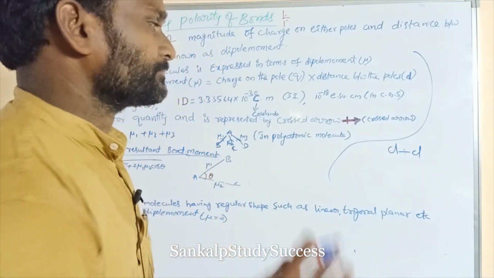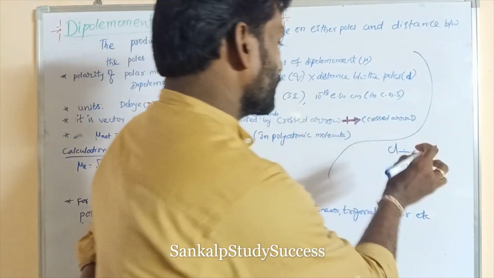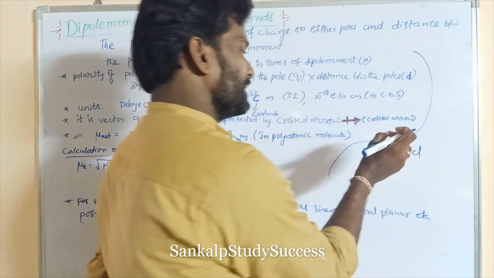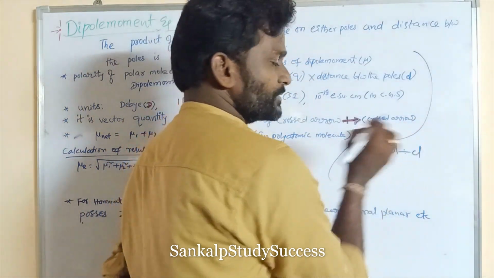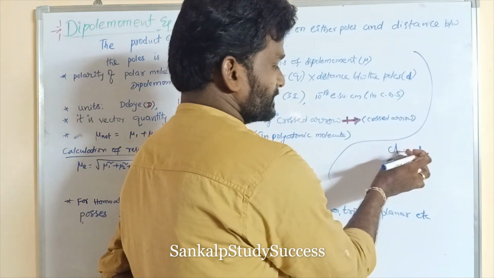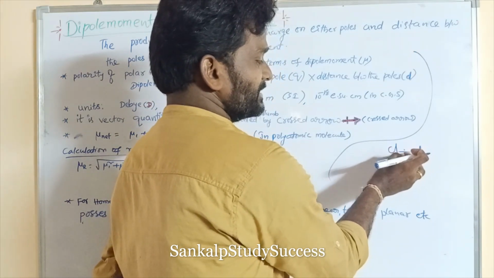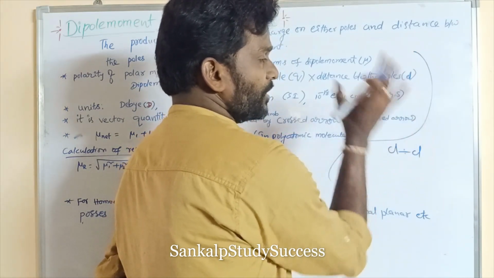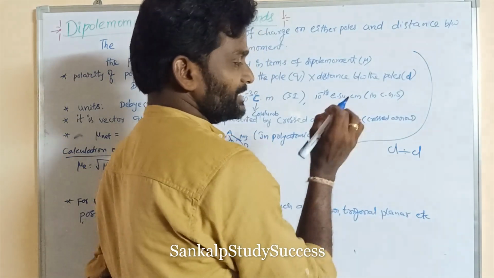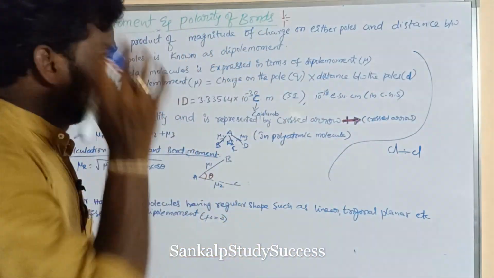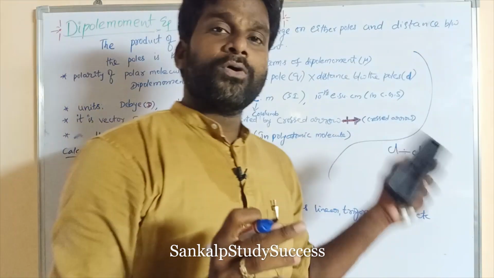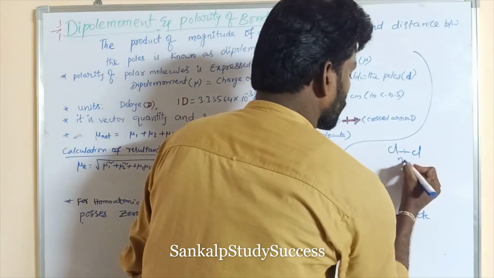Once again, when the covalent bond is present between two similar atoms, the shared electron pair is exactly situated at the middle of the atoms. So this type of bond is said to be a non-polar covalent bond.